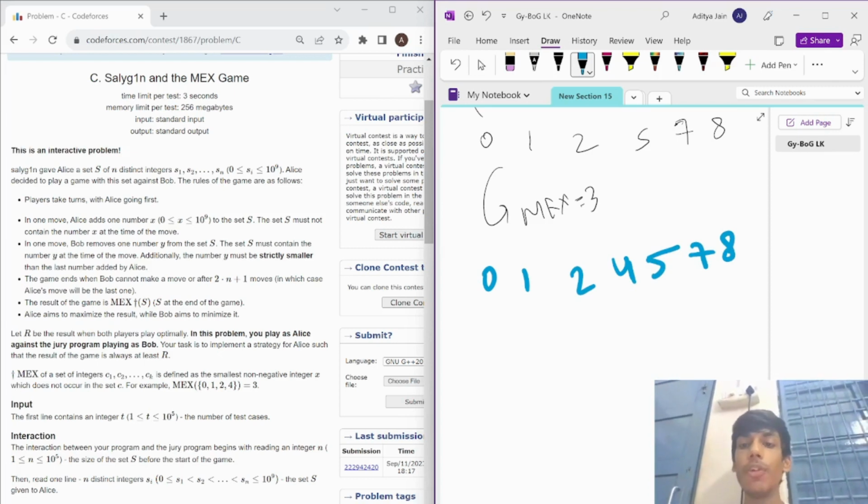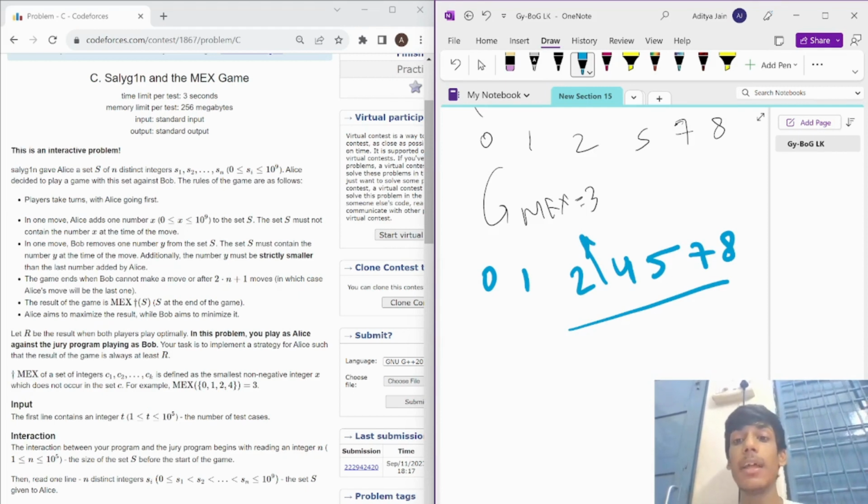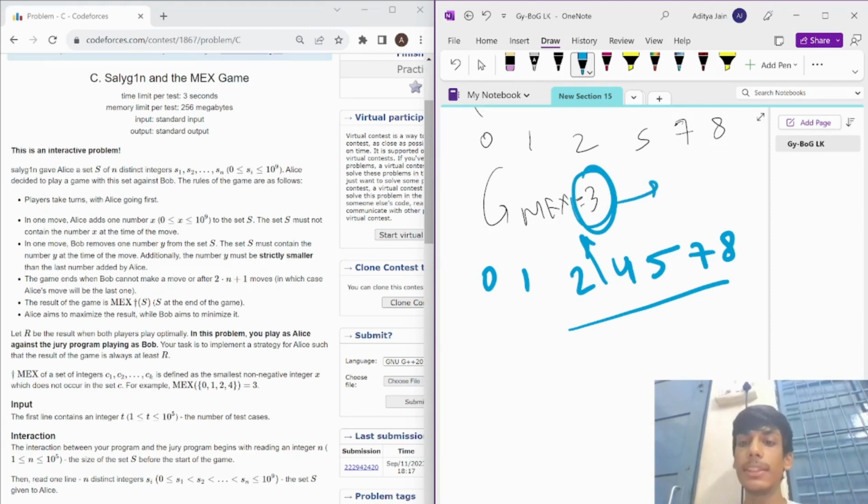Its max is still 3. Max didn't increase. But the purpose of Alice was to increase the max. So if Alice inserts any number which is greater than 3, then the max will remain 3 only, because 3 will still not be present in this array.